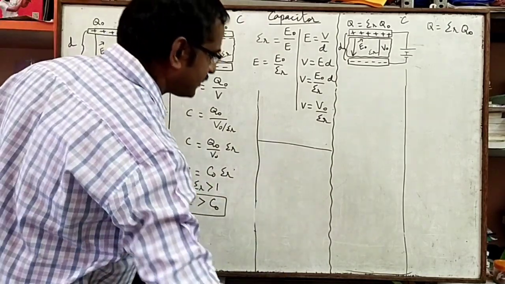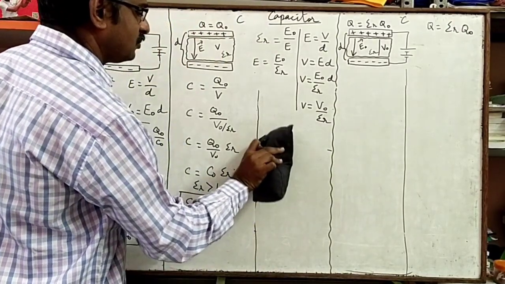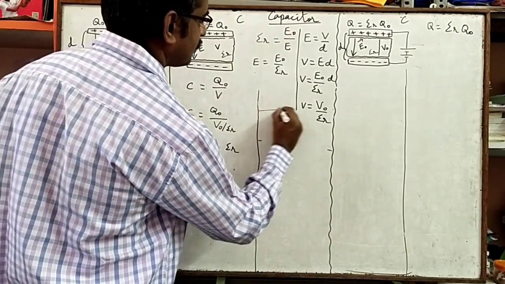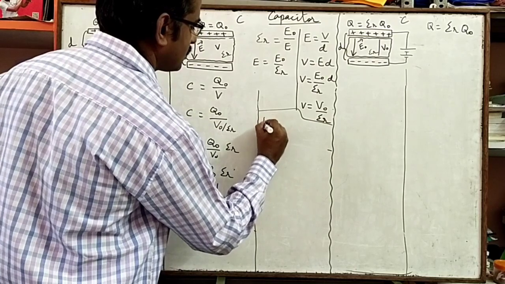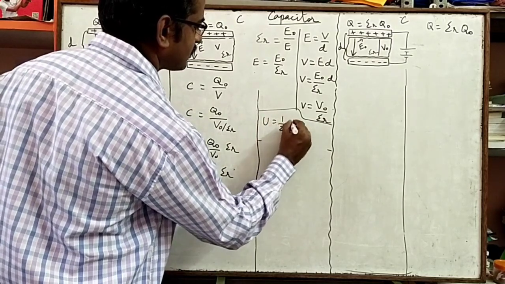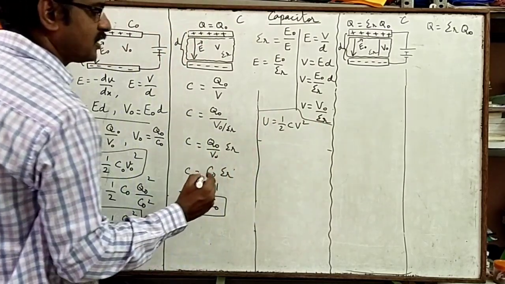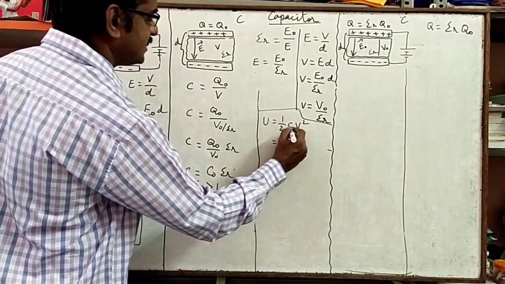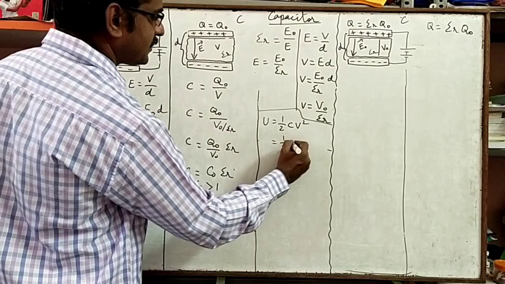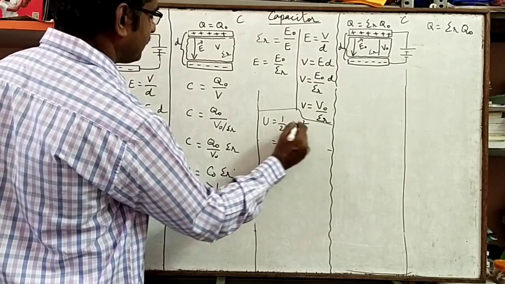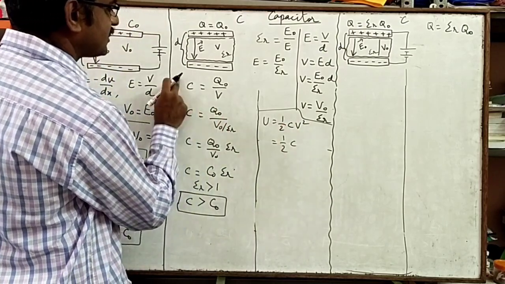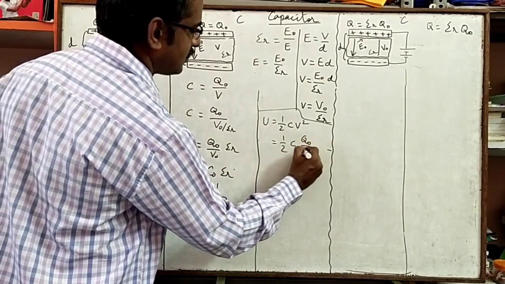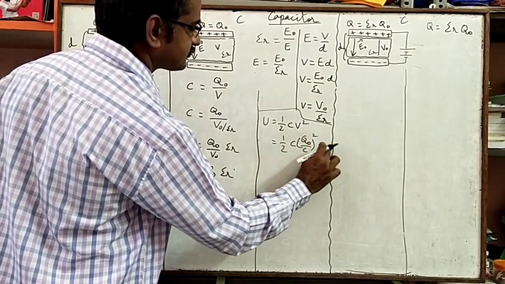And we can compare energy now. We have U is equal to half CV square. Now let us take the energy as U of C. C is the capacitance. V can be written as Q naught by C. V can be written as Q naught by C whole square.